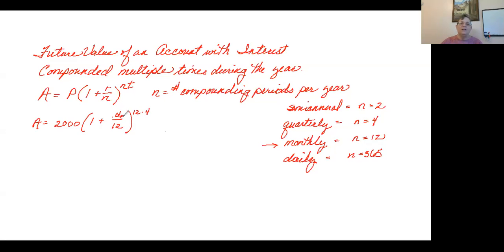Now, the reason we have to take the rate and divide it by 12 is that we have to figure out how much of that 6% interest they're getting each month, which is going to be 0.5% interest.